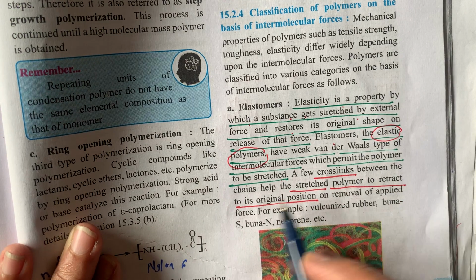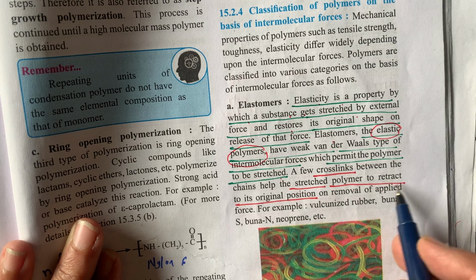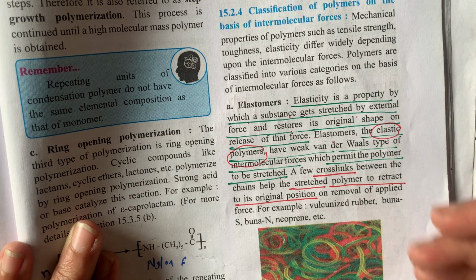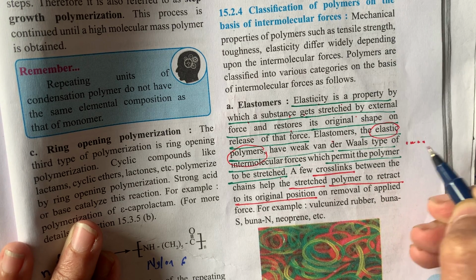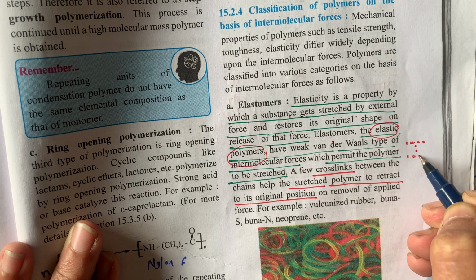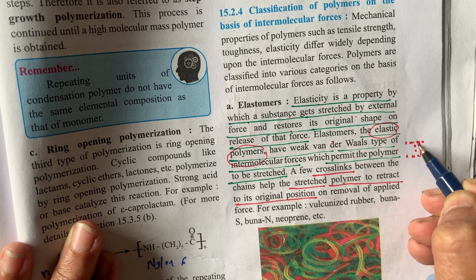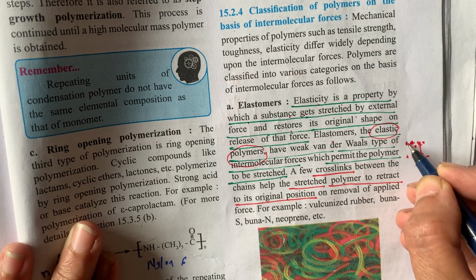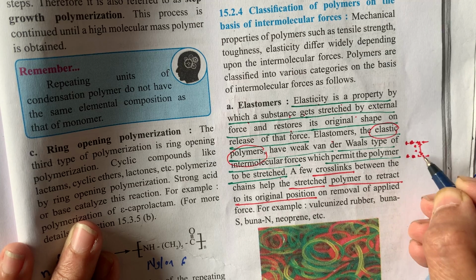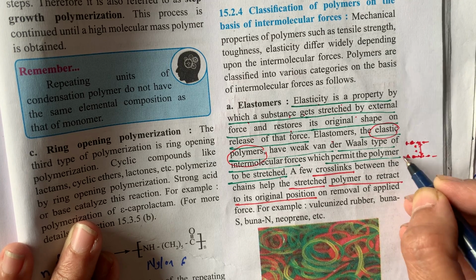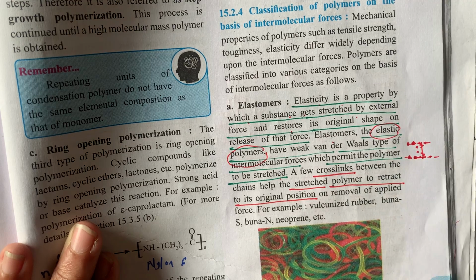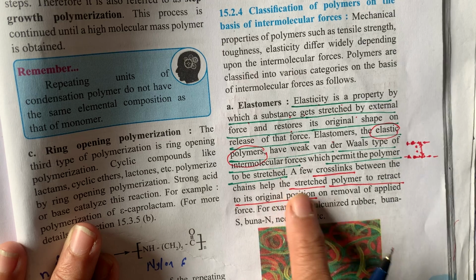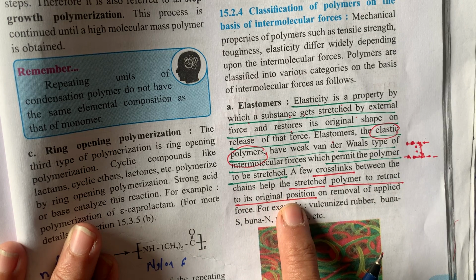A few crosslinks between the chains help the stretched polymer to retract to its original position. Crosslinks we studied like this: they are in between two straight polymer chains, made of monomers linked to each other, and this is the crosslink in between these two. So these crosslinks between the chains help the stretched polymer to retract to its original position.